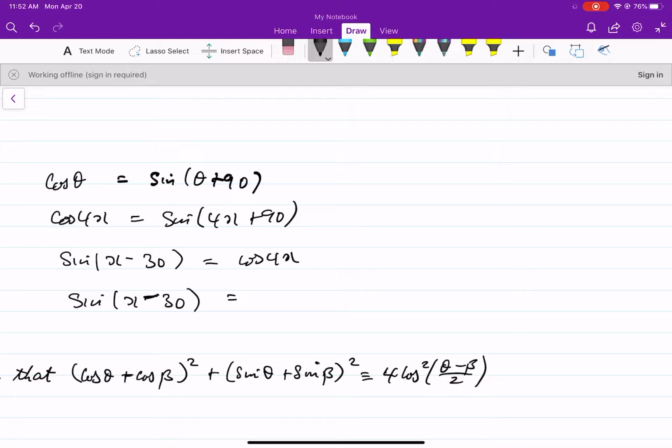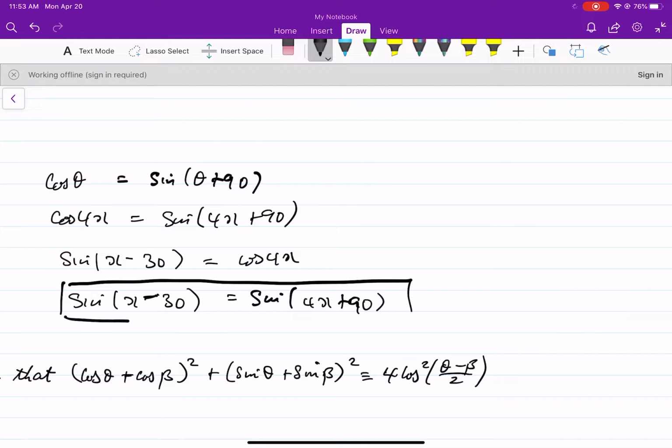But the cos 4x will be written as sine of 4x plus 90. And then you'll apply both techniques, the general solution technique up front, and then bring both expressions on the same side, so you'll get sine p minus sine q. Solve it the same way. In both cases, again, you should get the same solution set.